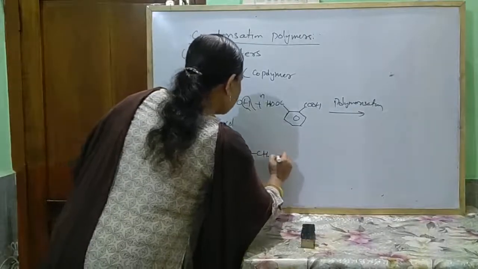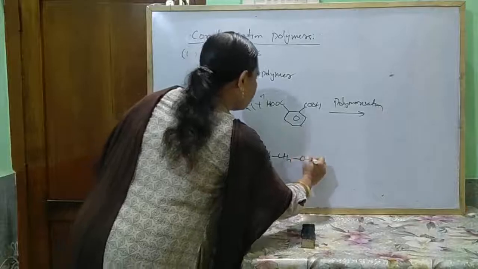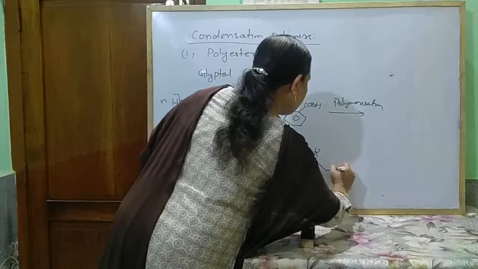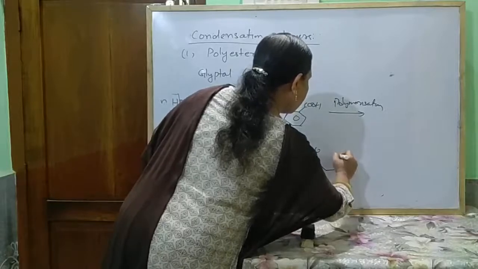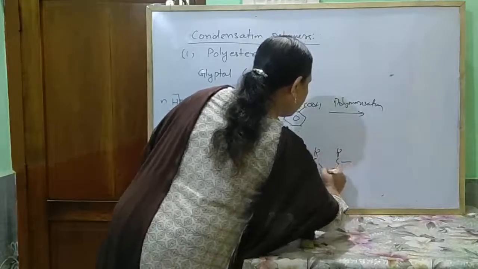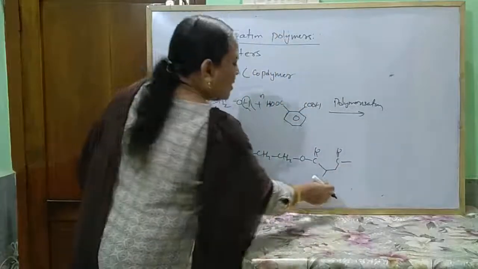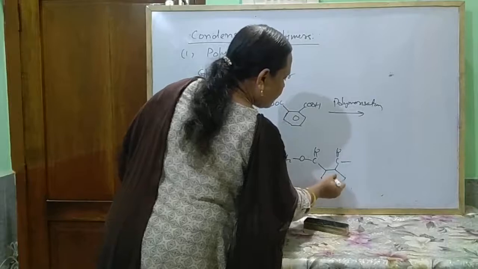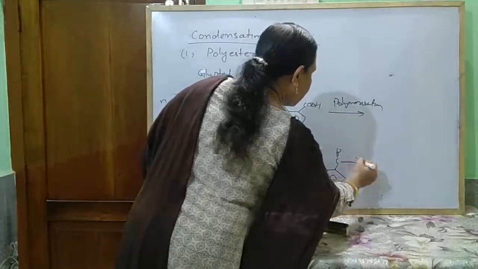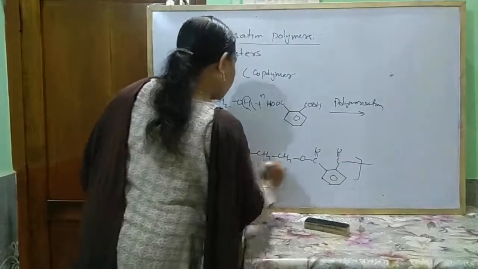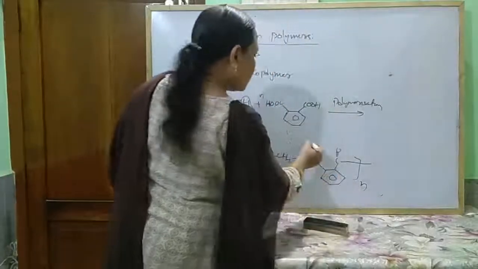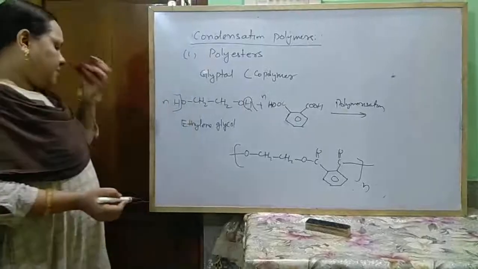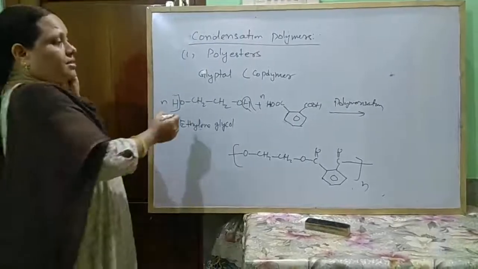O, CH2 CH2 O, C double bond O, C double bond O. So in this way, this is the repeating unit here and here. It also has the ester linkage. That's why this is known as your polyester glyptal.